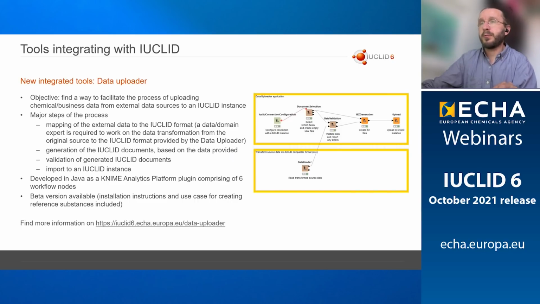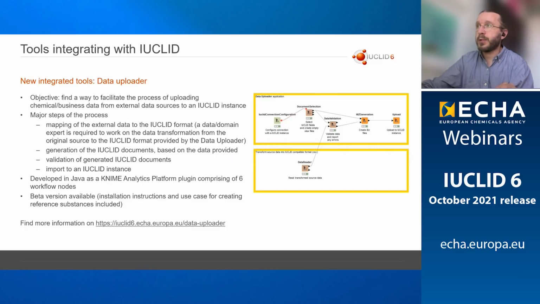I wanted also to take the opportunity to highlight the publication of a new tool on the Euclid website, which is called the Data Uploader. A beta version is available, and what this tool does is facilitate the process of transferring data from external data sources to a Euclid instance.